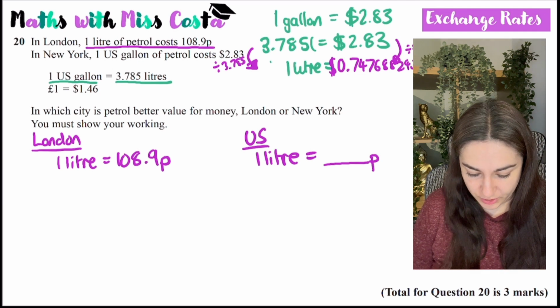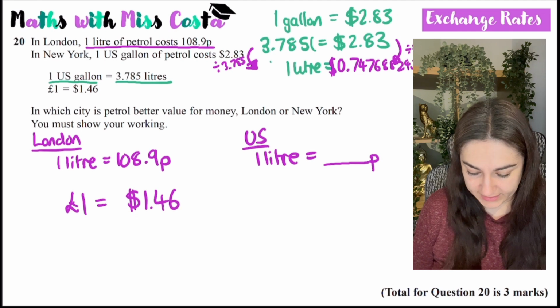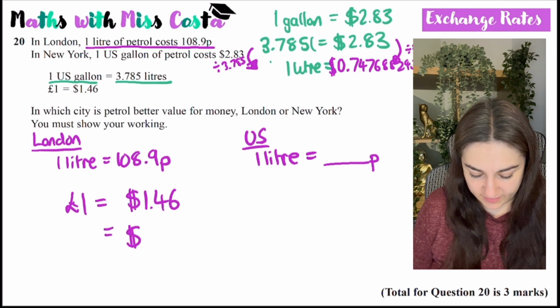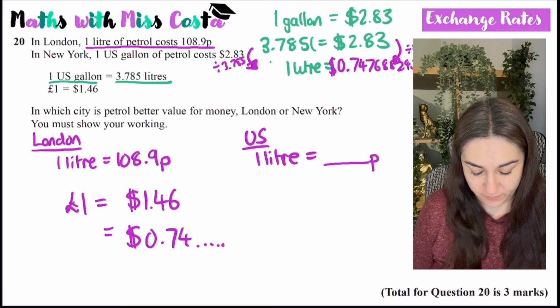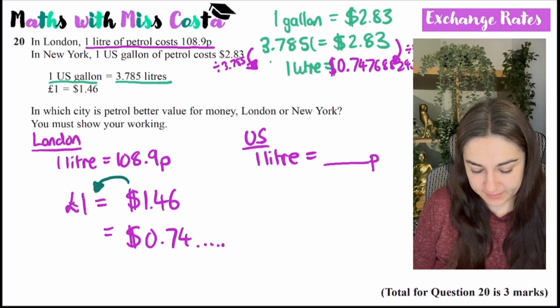So I know that £1 is equal to $1.46. I'm not going to write all of it out, it's saved in your calculator. So how do I get from dollars to pounds? I need to divide by 1.46.